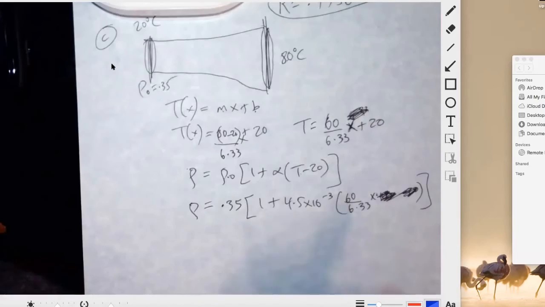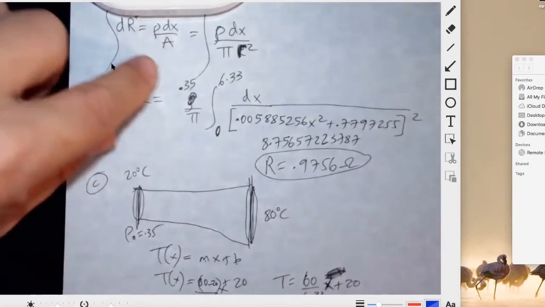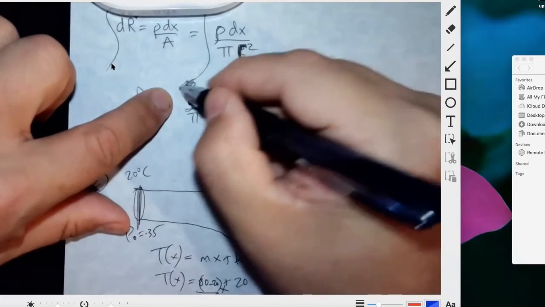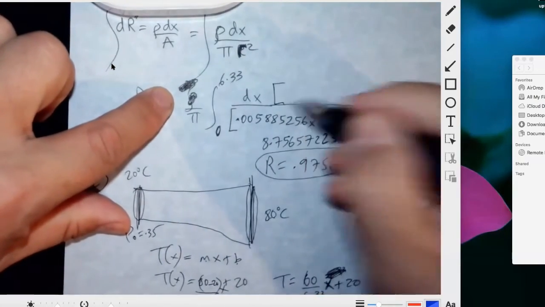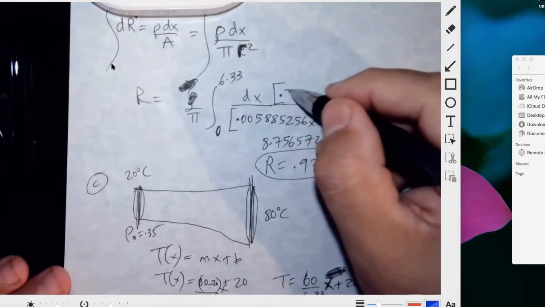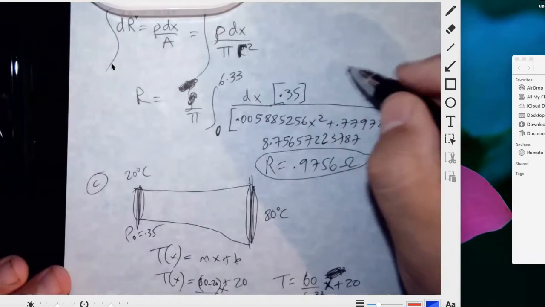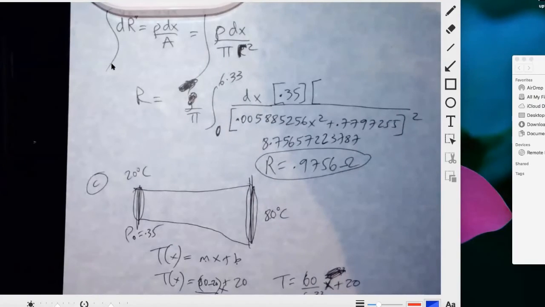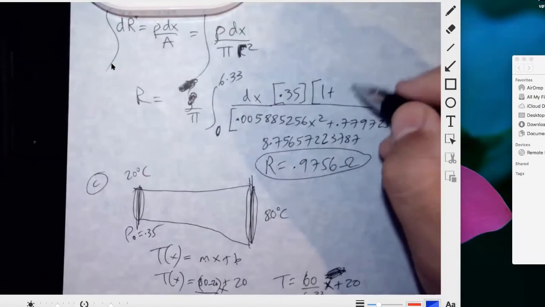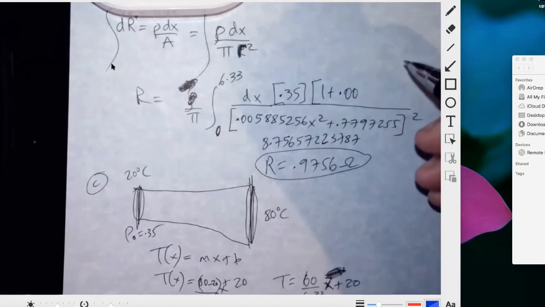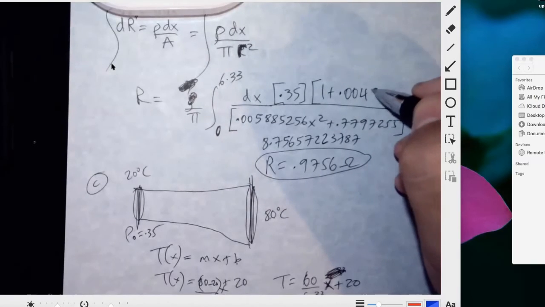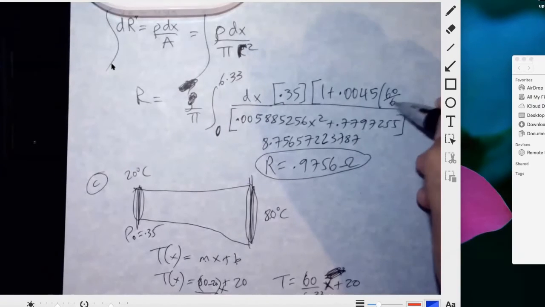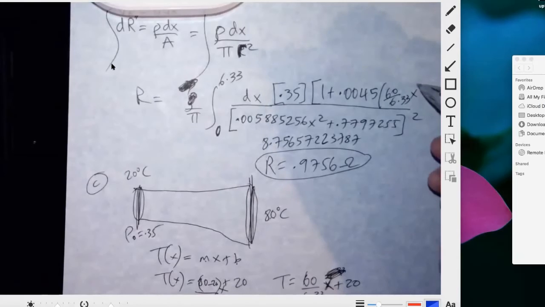Okay, so then you put this function where? Into the resistivity here. So instead of taking the resistivity out, you put it into this function, 0.35, then you have here 1 plus 0.0045 times 60 over 6.33x.